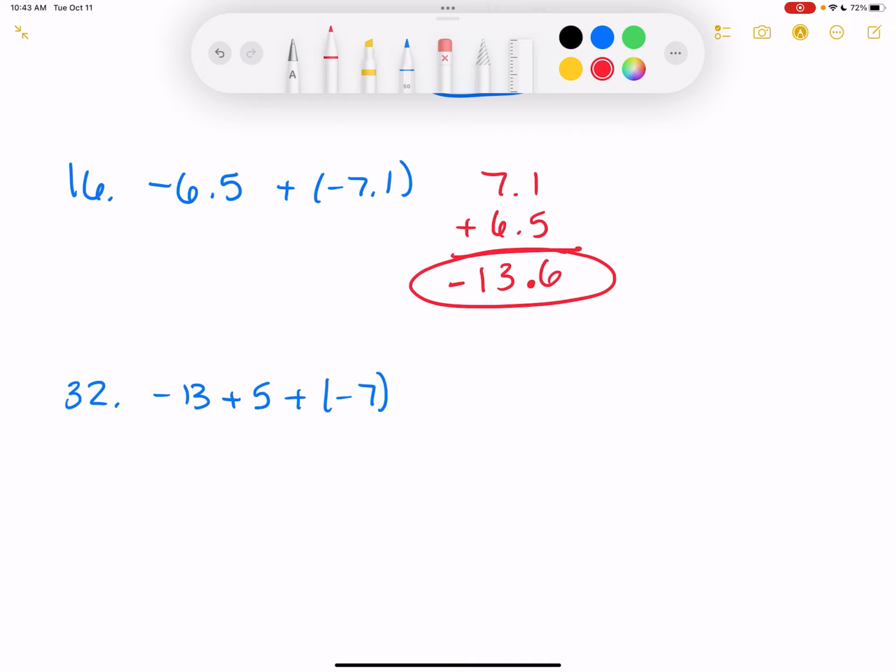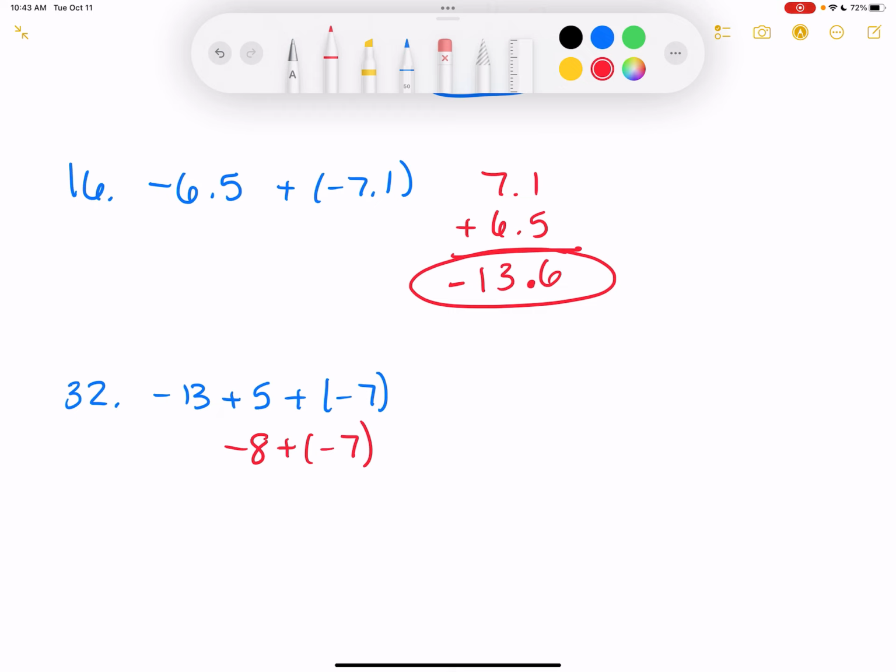Subtract the lesser from the bigger. So 13 minus 5 is what? 8. And then we put the sign of the bigger number. So what would it be? Negative 8. And then I'm just going to copy the rest of this down. So plus negative 7.